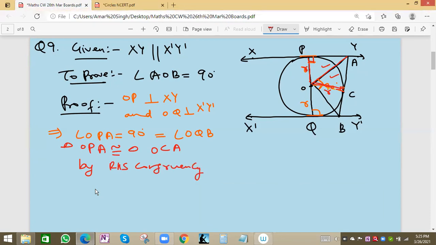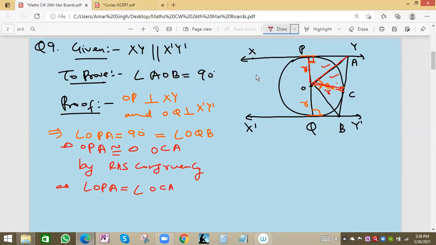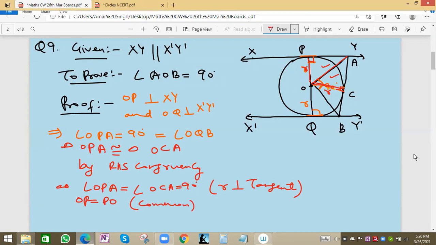Because angle OPA equal to angle OCA equal to 90 degree, and OP equal to OC, because the radius is perpendicular to the tangent.